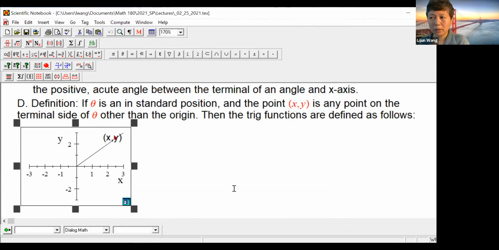X comma Y, right? Then can you tell me what is X, what is Y? Which piece of length is X and which piece of length is Y?